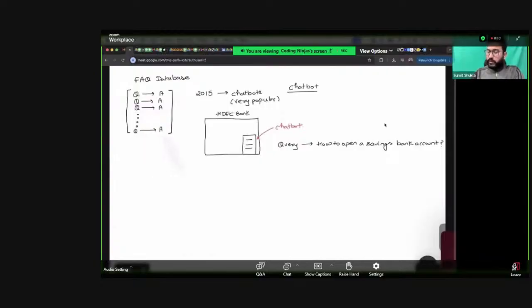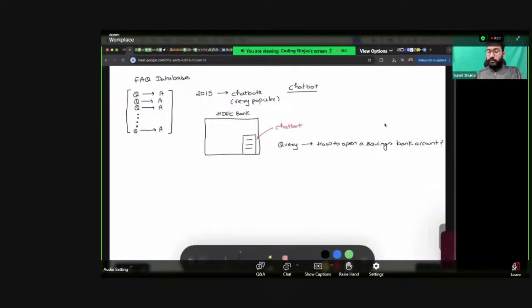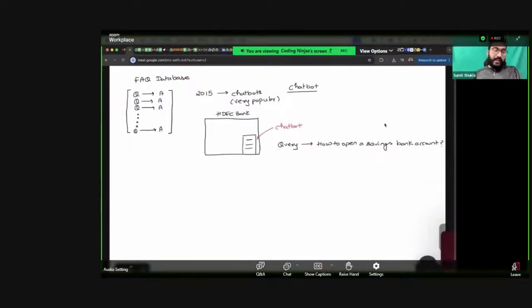This is the database of frequently asked questions maintained by HDFC Bank.